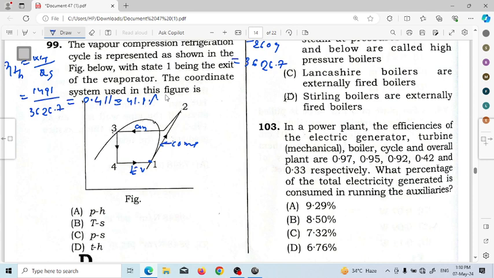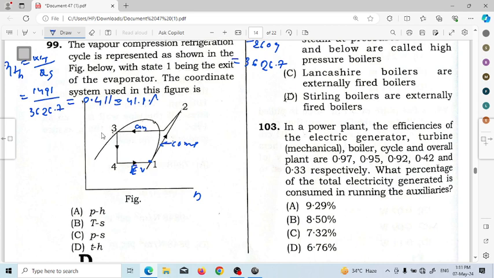The evaporator and the condenser work at constant pressure, and 3-4 is an enthalpy process. So this must be the enthalpy line, and 2-3 and 4-1 will be constant pressure lines.